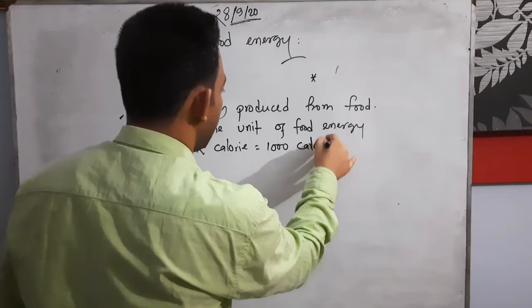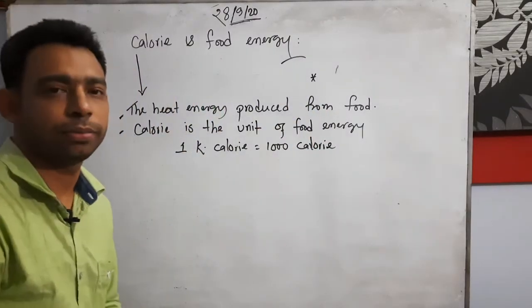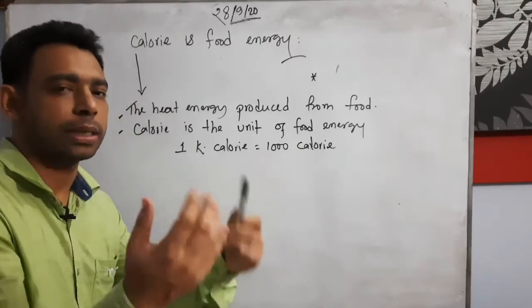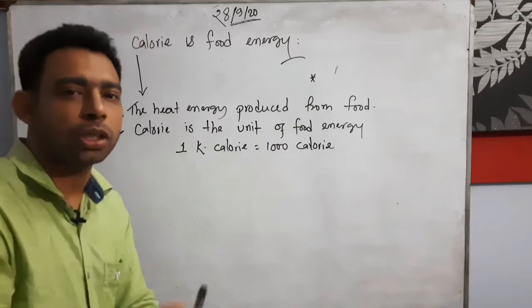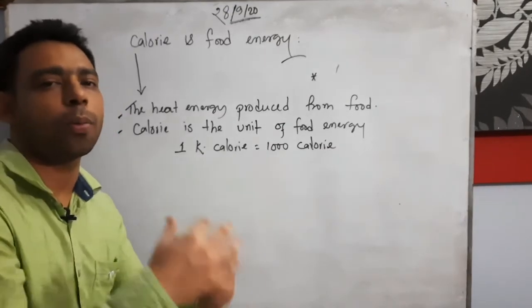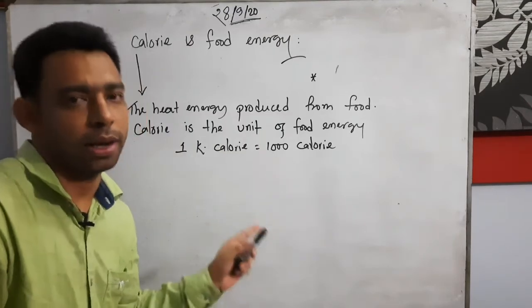In a general definition, you can say how much amount of energy is counted or obtained from a specific food. That measuring unit is called calorie.